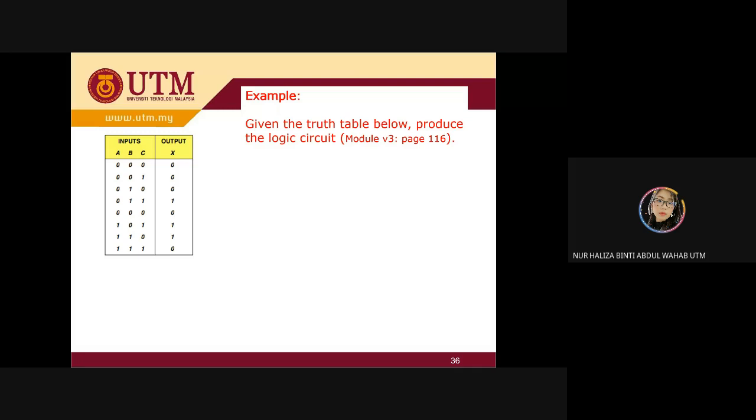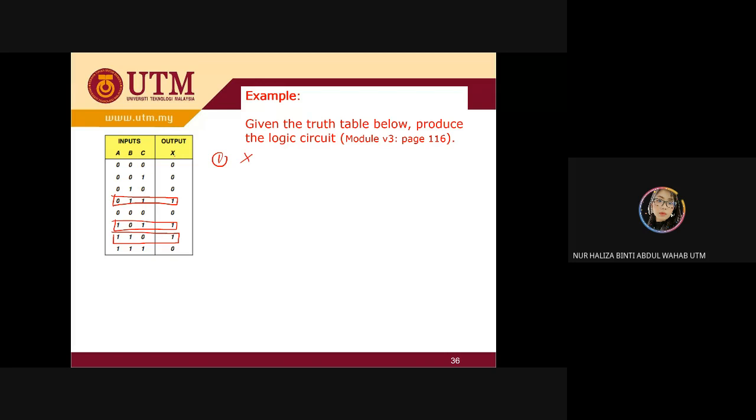Okay, now you have another example. From this truth table, our first step, we're going to look into the scenarios of 1. I have 3 scenarios only, so it makes me faster to answer.